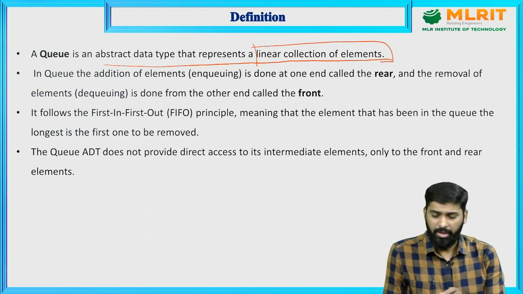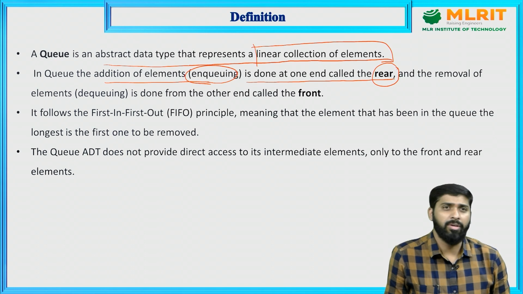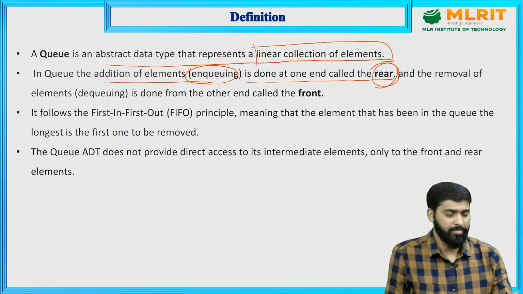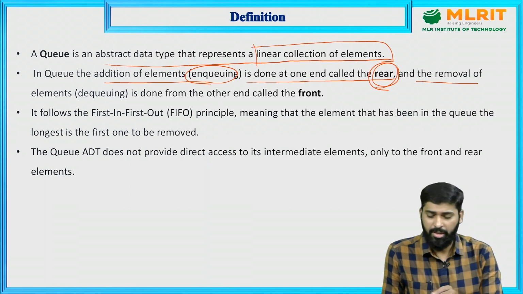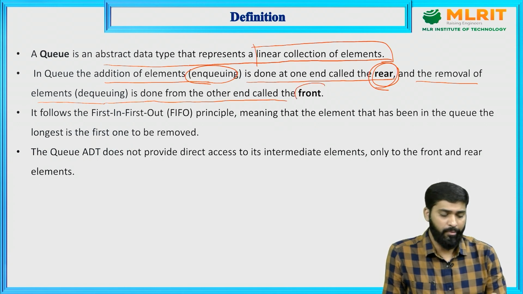Okay, in Queue, the addition of elements, which we call enqueue, is done at one end called rear. So this is important. We insert the element into the Queue using one variable and one end called rear. And the removal, that means deletion of elements, which we call dequeue, is done from the other end called front.